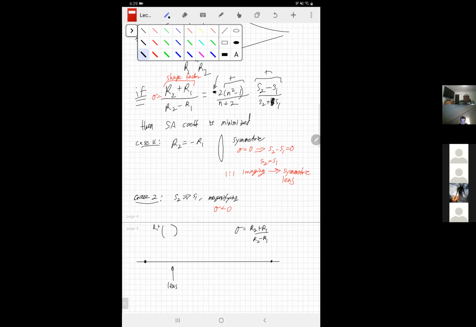If I had this bulging out even more, everything very exaggerated, you tell me, what has a larger magnitude, R1 or R2? Now, obviously R2 is negative, so R1 is strictly speaking larger than R2, but what has the larger magnitude, R1 or R2?